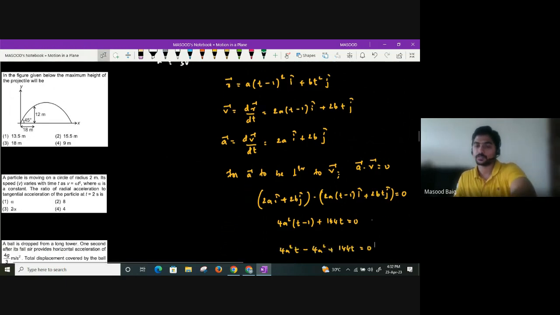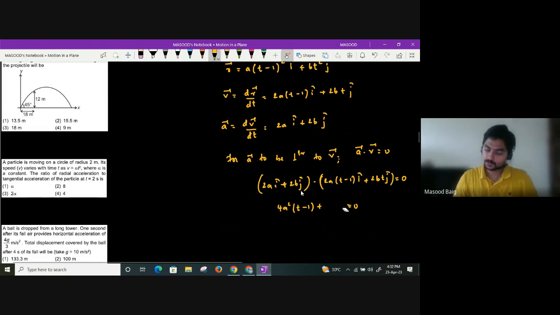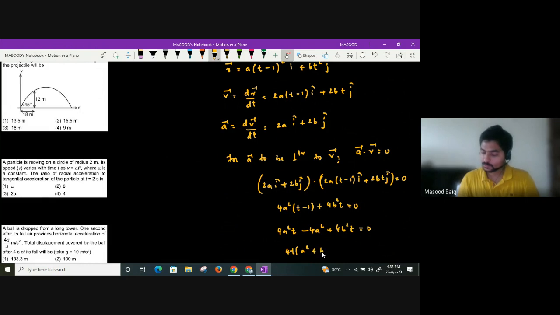What I'll get? 4a square into t minus 1 plus how much is this? 4b square into t you will get. So I can write 4a square t minus 4a square plus 4b square into t should be equal to 0. If I take 4t common, I will get a square plus b square should be equal to 4a square.